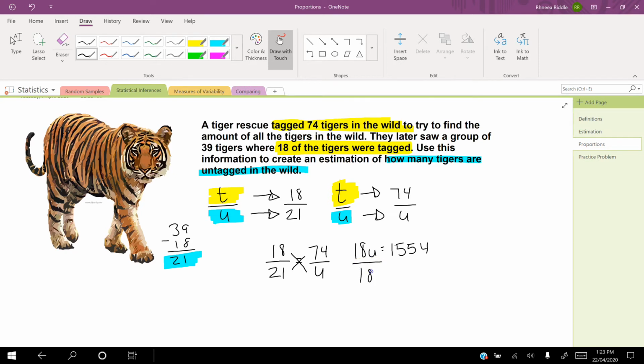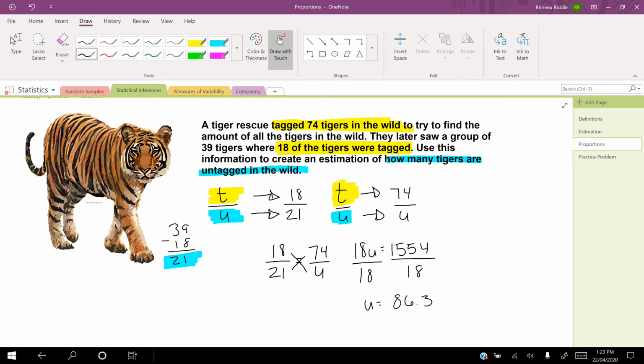So we're going to divide 18u by 18, but we need to keep these equal to each other. So we need to divide both sides by 18. When you divide 18 by 18, you're just going to get 1. So it's just going to leave us u because 1 times u is u. So 1,554 divided by 18 is going to give us approximately 86.3.